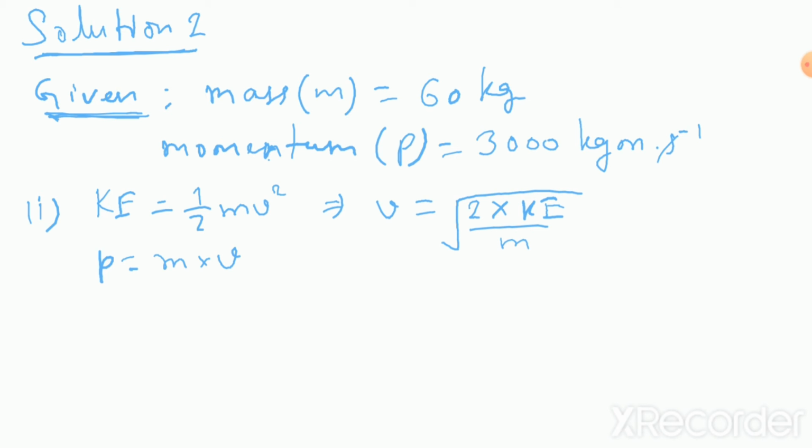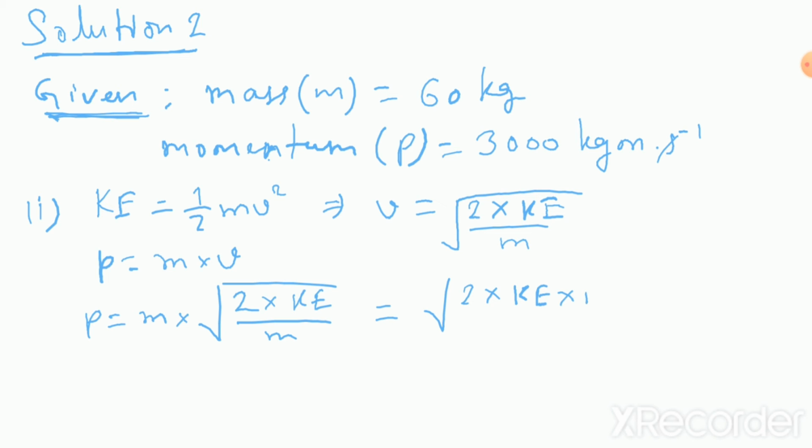Now the momentum P is equal to m into root under of 2 into KE by m. If we put this m into the square root, it becomes m square, and by m, this turns out to be 2 KE m.